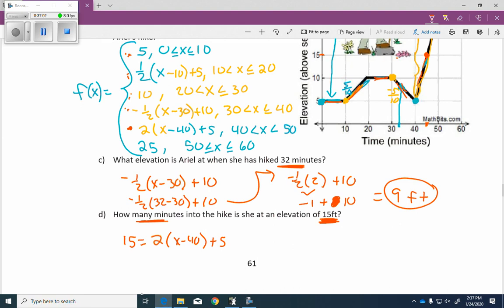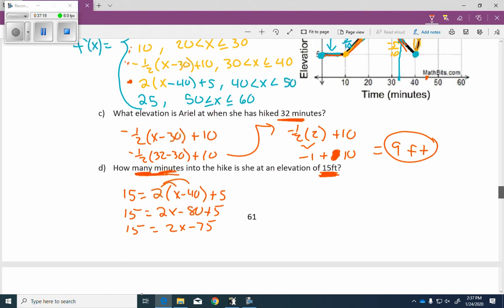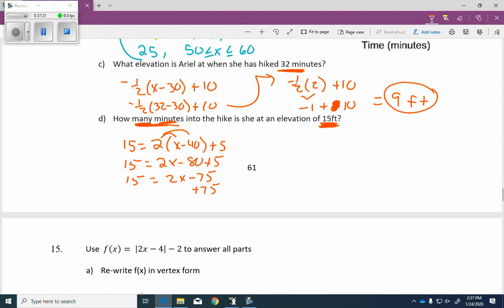I'm trying to find how many minutes. I'm trying to find the x. So when I distribute and combine like terms, finally, if I divide by 2, I get that x is 45.